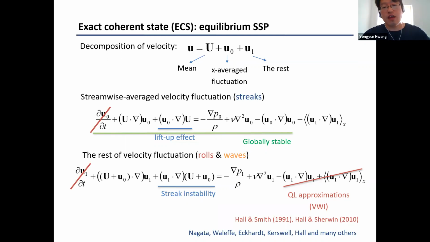What they have done is ignore this nonlinear term and make this part linear, then take the large Reynolds number limit and require the marginal stability of the Rayleigh equation, and then close the entire system. That is the famous theory, Phil Hall's vortex-wave interaction theory. What is nice is that it offers an analytic way to describe these exact coherent states.